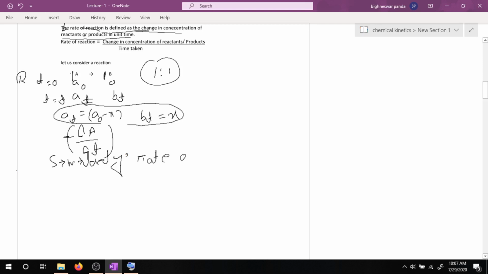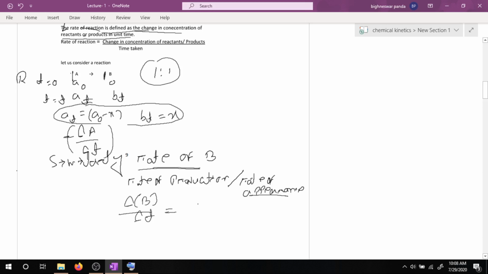Similarly, the rate of B can also be written as rate of production or rate of appearance. For A it is disappearance and for B it is appearance. So I can simply write delta B by delta t is equal to change in concentration of B divided by time taken.